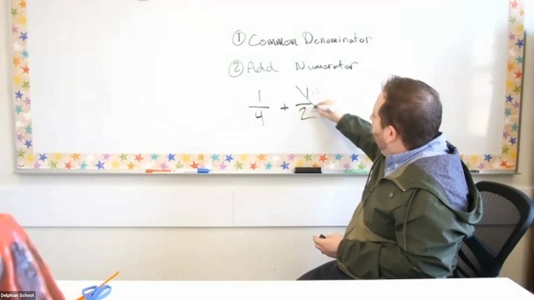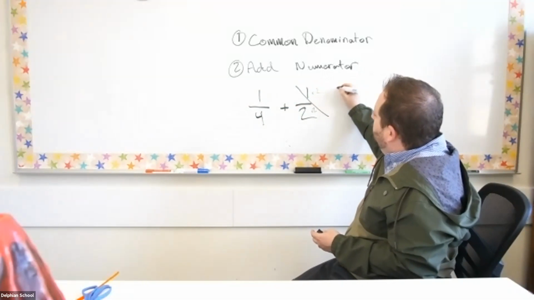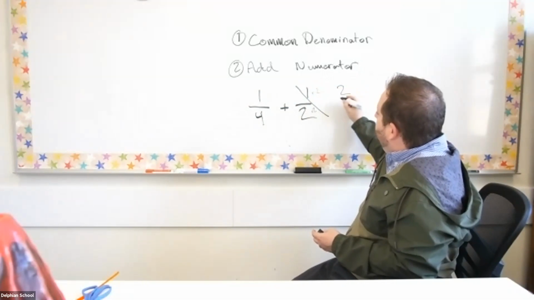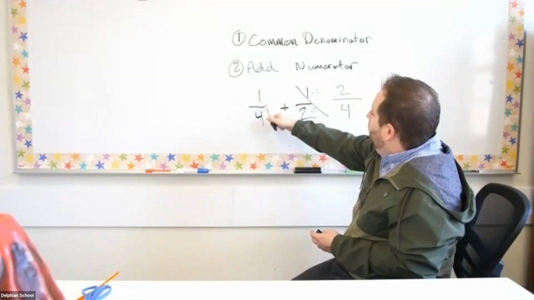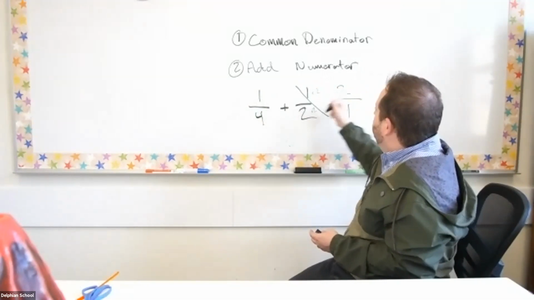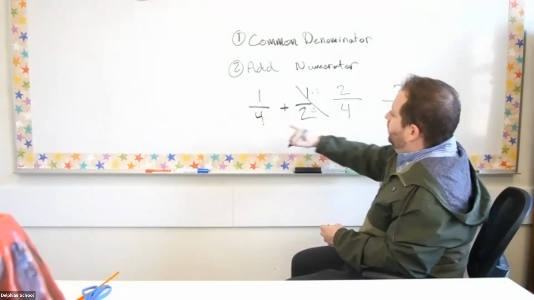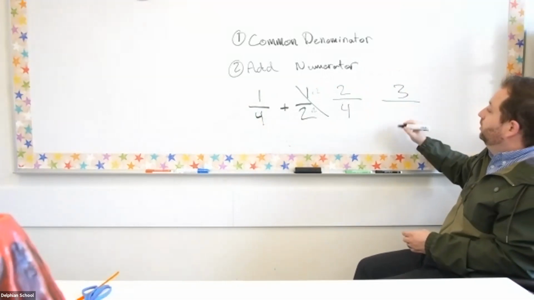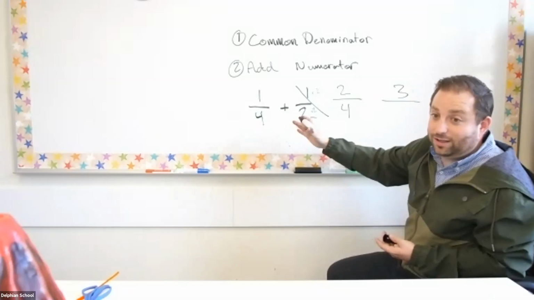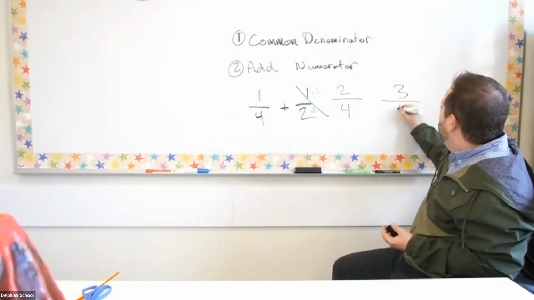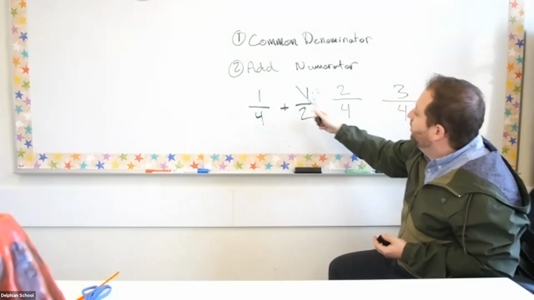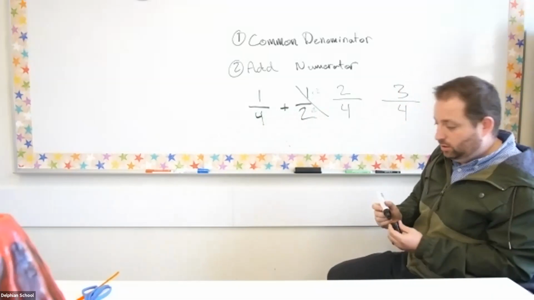I'm going to cross that out just to keep track of where it is, but it's 2, because 1 times 2 is 2, and 2 times 2 is 4. So I have 1/4 plus 2/4. 1 plus 2 is 3. 4 plus 2. Oh, not 4 plus 2, sorry. I almost made the mistake. I told you not to. We just bring that common denominator there. So 1/4 plus 1/2 equals 3/4.